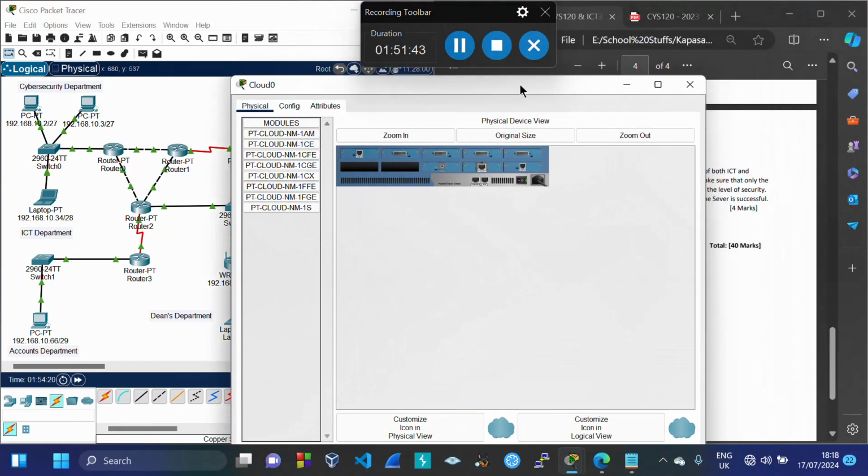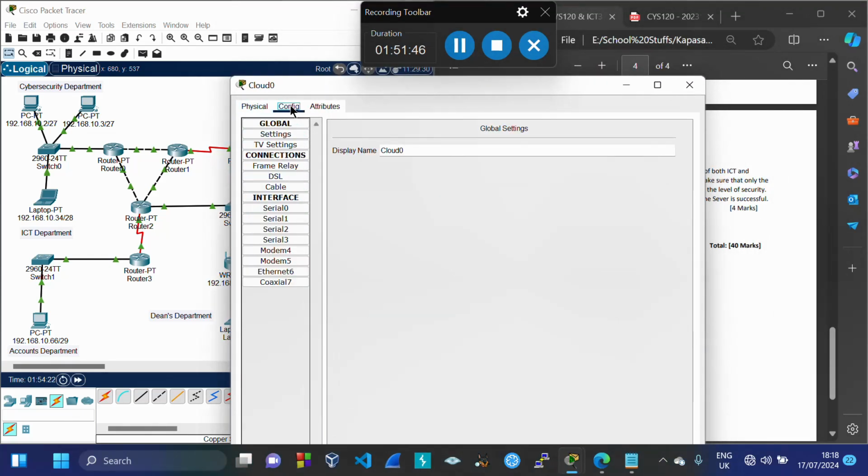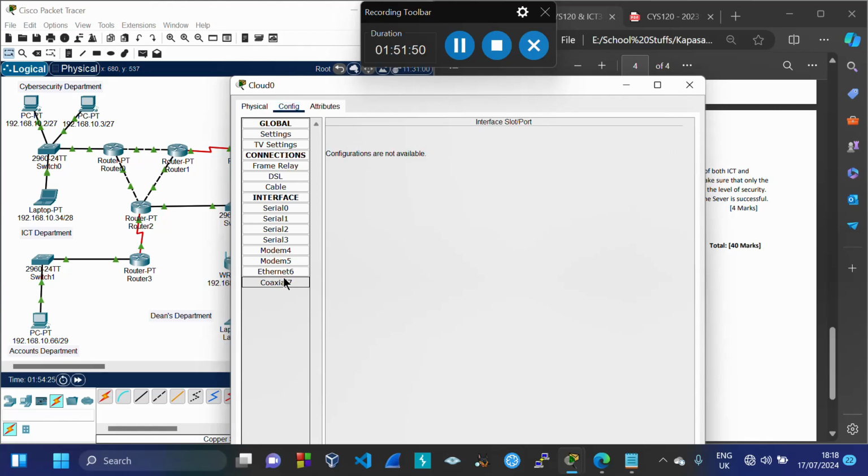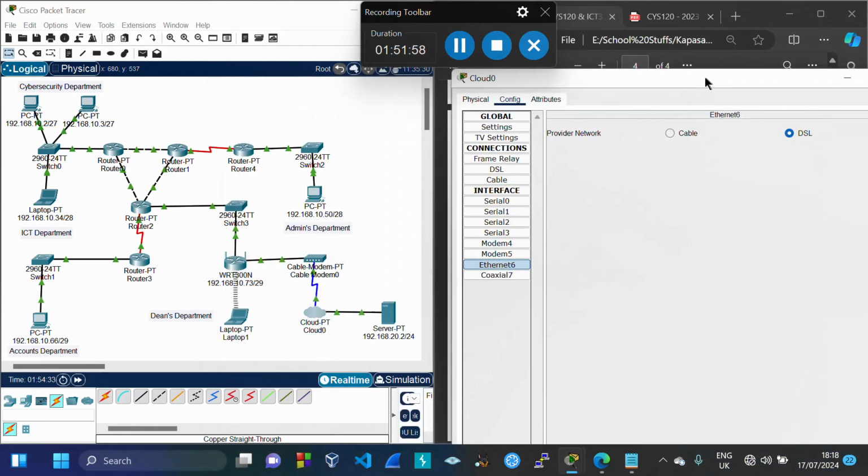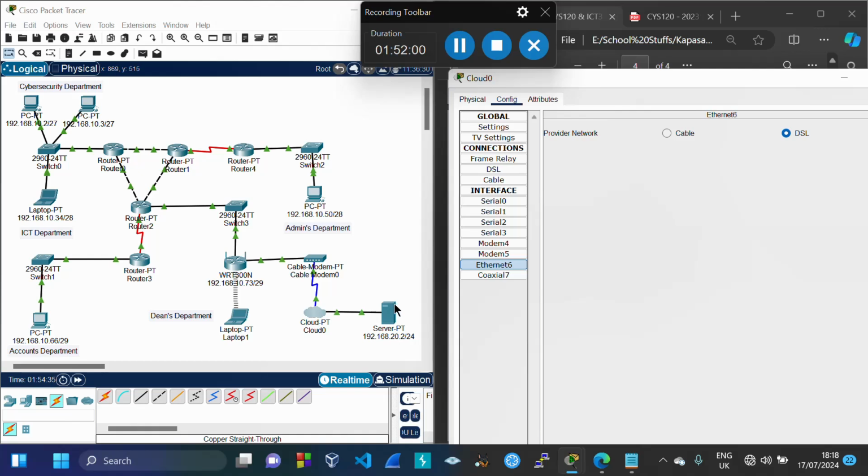So under the cloud, go where it says config. So remember, we've used coaxial 7 and the cable to connect that. So I'll go where it says Ethernet 6, which was the connection from the cloud to the server. Then I need to select cable because we're using a cable to connect.